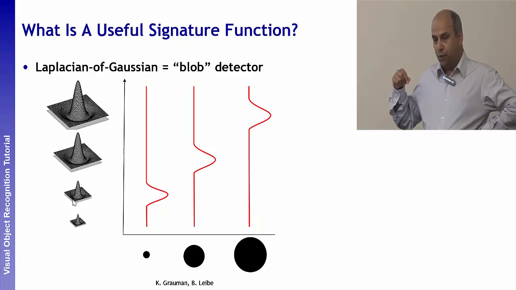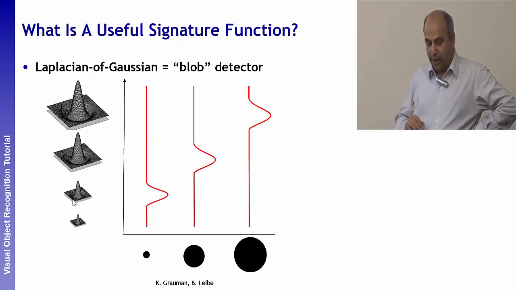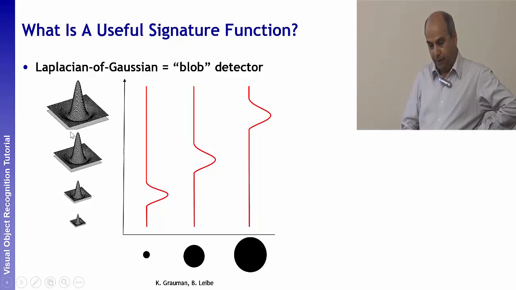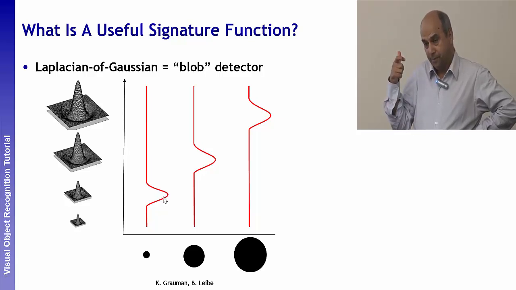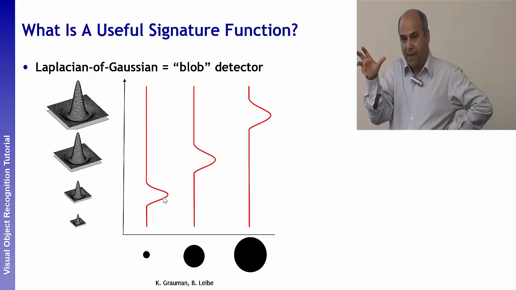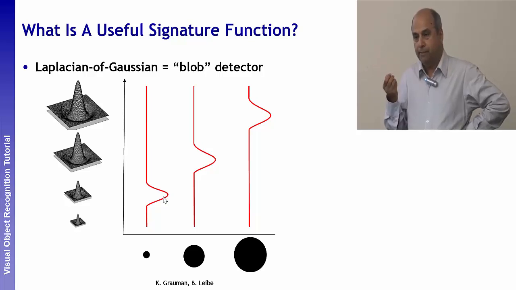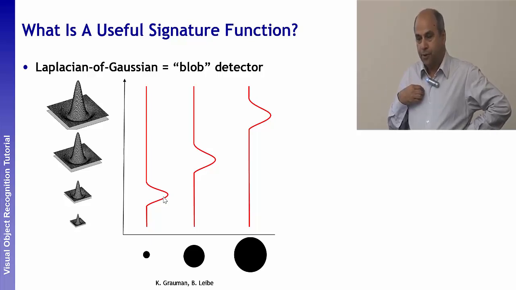Then you go through that and you plot the responses, and this plot will look like that, the first row. So this is scale 1, 2, 3, 4, something like that. It will turn out that at this scale, it gives you a maximum response. Maximum variance? No, it's a response. You apply a mask and it will give you some value as output. Whatever the value is, that is the value we are going to look at.